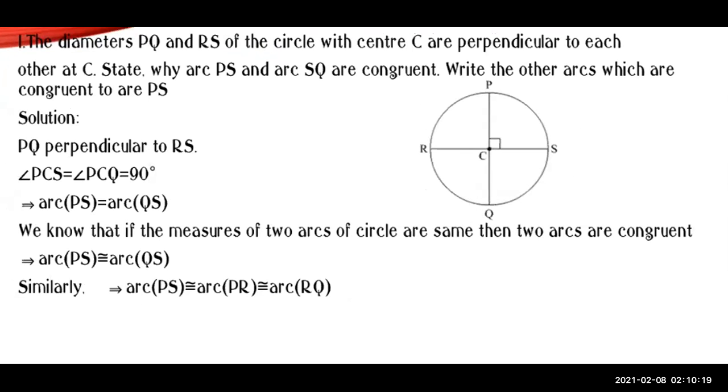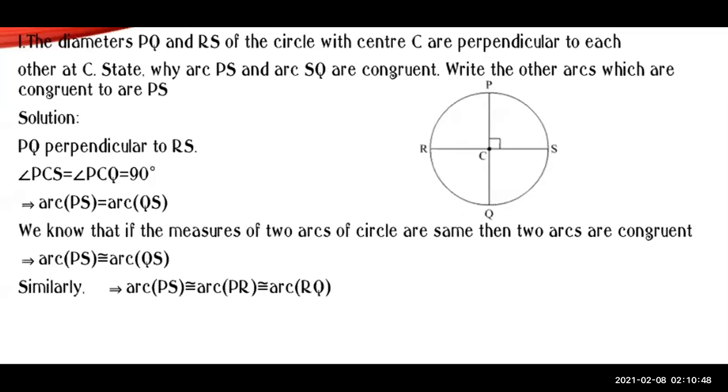Okay, now we will start with our solution. PQ is perpendicular to RS. So angle PCS is equal to angle PCQ, that is 90 degrees. See the symbol also, it indicates a 90 degree right angle.